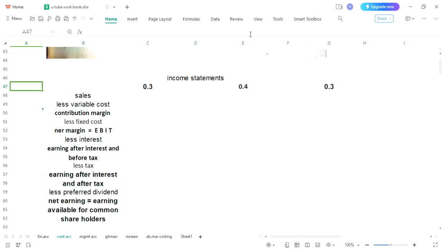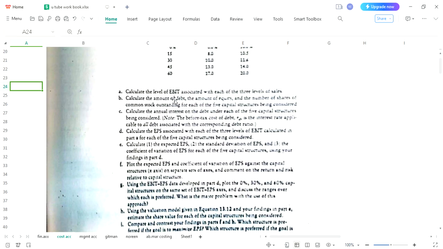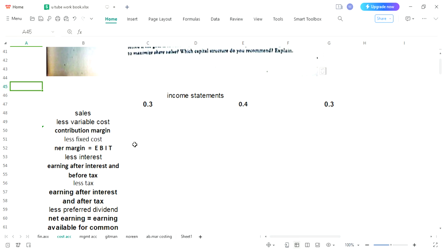Look over here: your EBIT is present and EBIT will be calculated, and we will name that part A. Then the amount of debt, and beside it we will calculate the amount of interest. When you calculate the amount of debt, you will automatically be calculating the amount of interest.